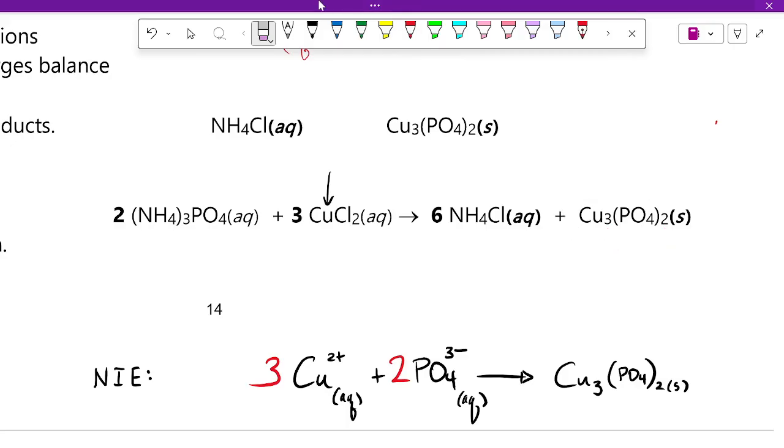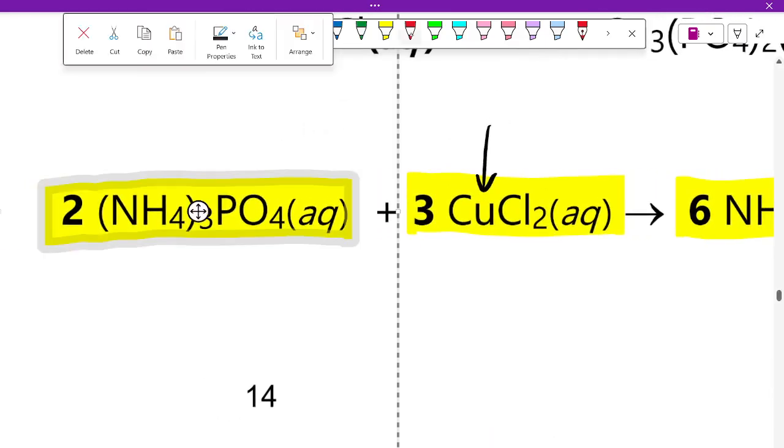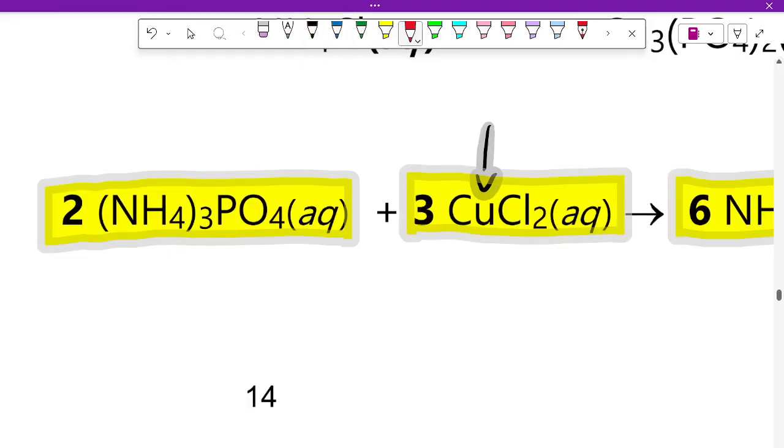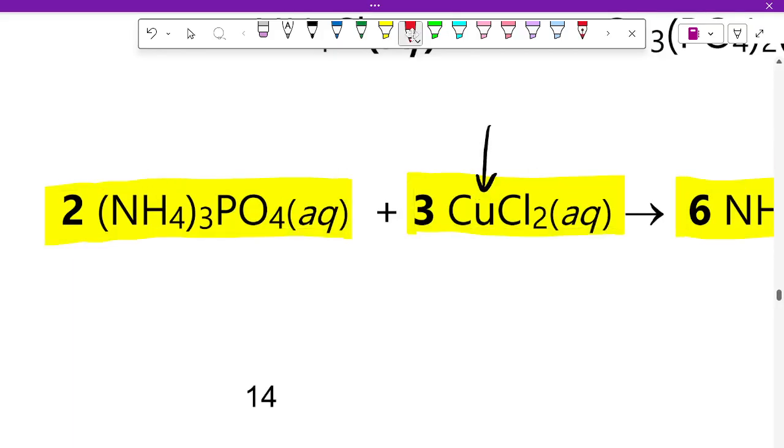How would you write the complete ionic equation for this thing? You would say, here are my aqueous things. I need to split those all apart. How many NH4s would we have? We would have 6 NH4s.